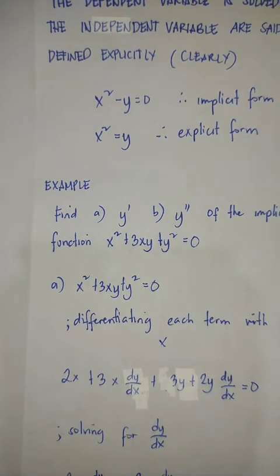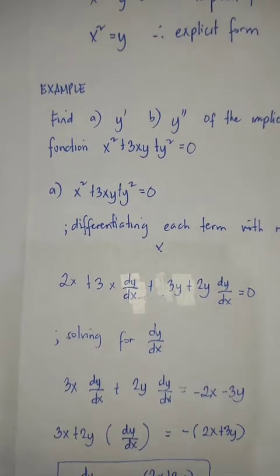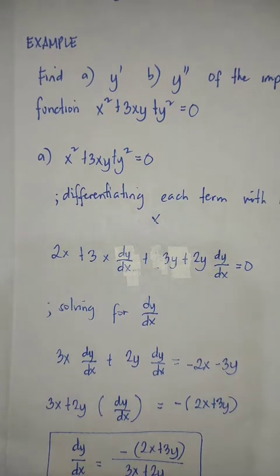So, makikita nyo pag independent variable siya, parang direkta mo lang siyang i-differentiate, wala na yung dy dx. Pero pag yung terms niya is not pareha sa independent variable, maglalagay ka pa ng dy over dx. For this case, dy over dx. Pero kung w yan, dw over dx. So, after performing, solve mo na yung dy over dx by simply arranging the formula.